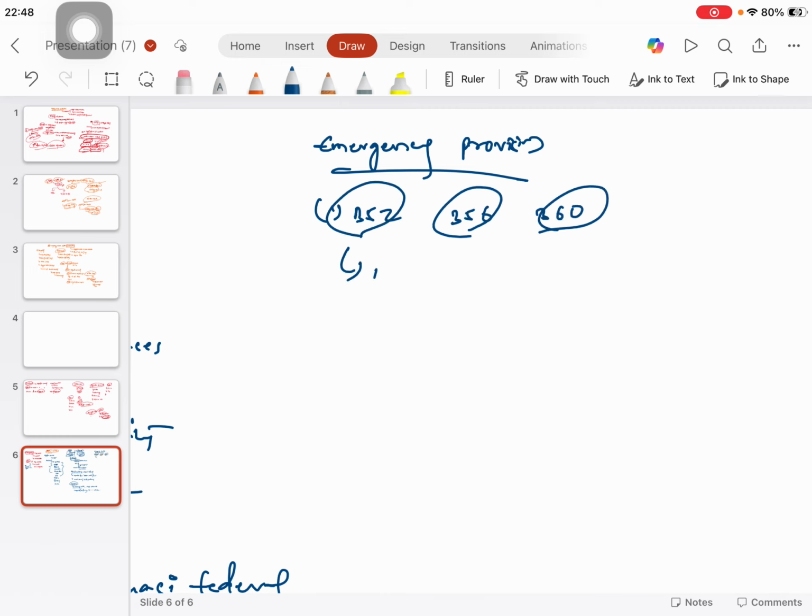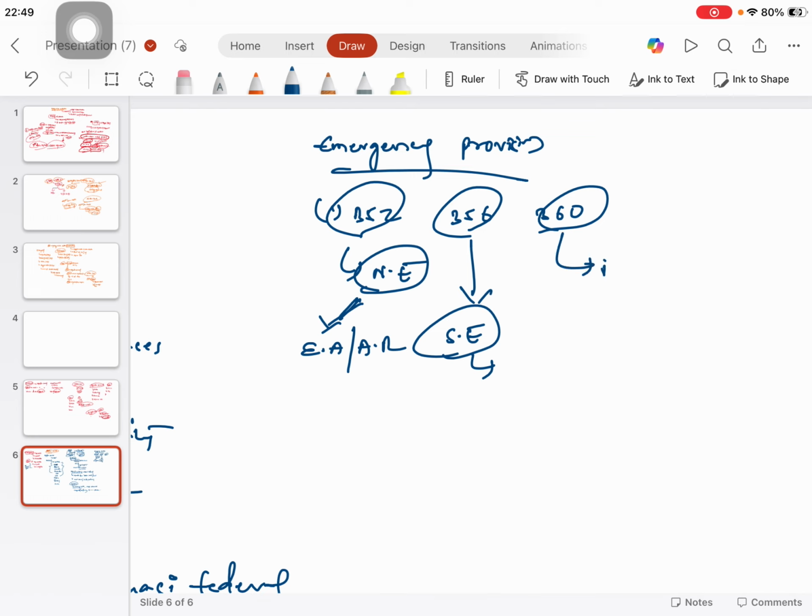Article 352 is national emergency, only by external aggression or armed rebellion. Article 356 is state emergency, when there is a breakdown of law and constitutional order, law and order. Financial emergency is at a time of financial crisis.